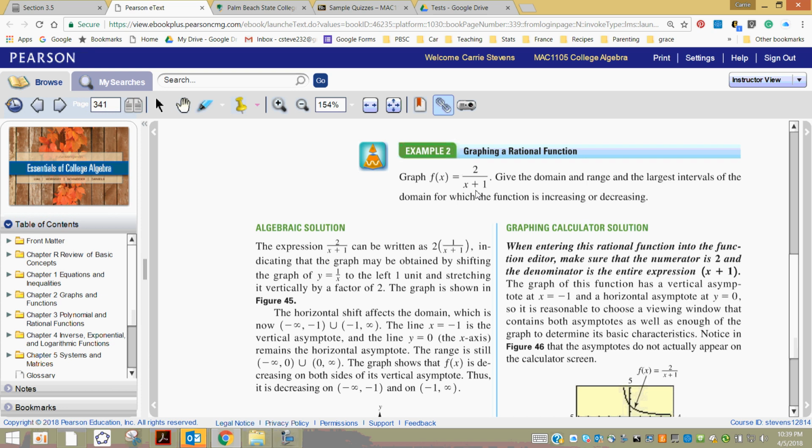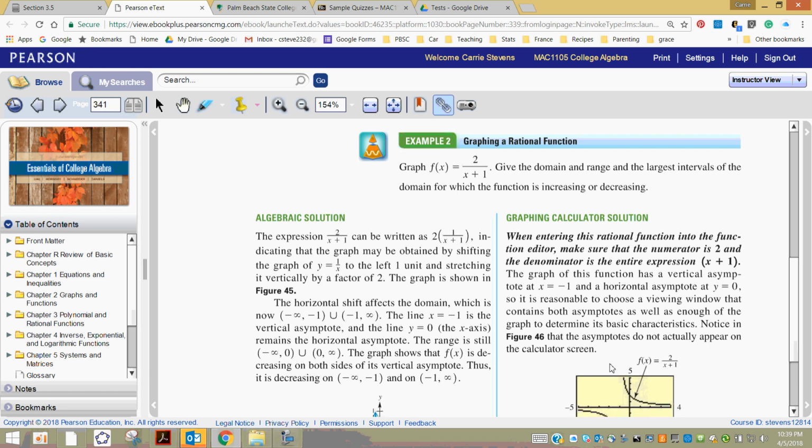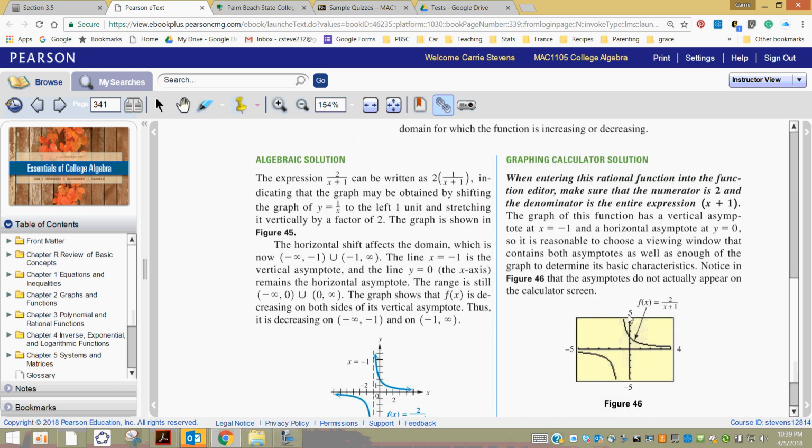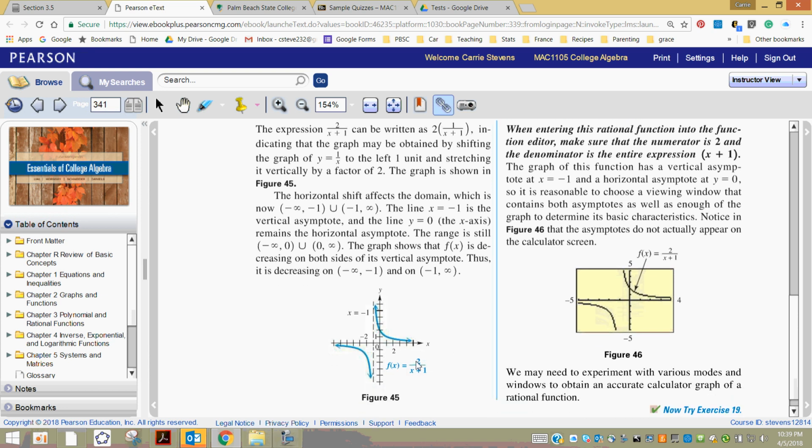So that would be a shift to the left. So let's look at the graph. You can see this looks like the original parent function. It is stretched up by a factor of 2 again, and it is shifted to the left. And so the asymptote, which used to be at the y-axis, has now shifted over to x equals -1.